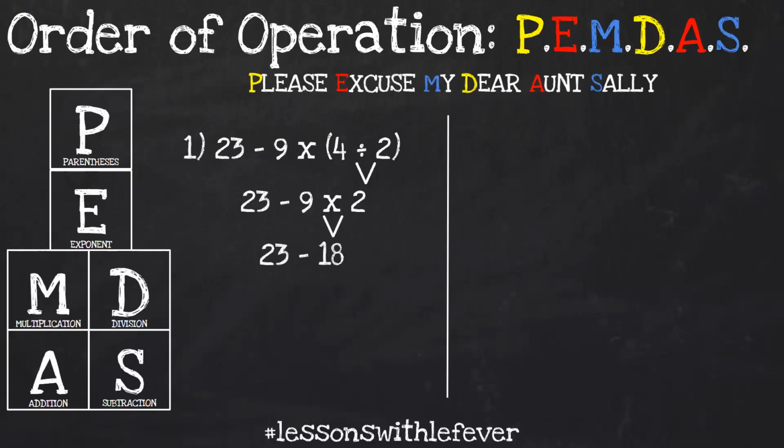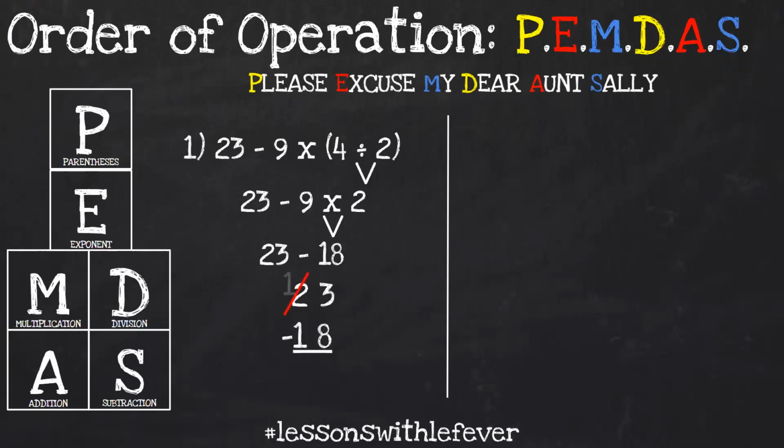minus 18. There are different ways you can subtract. You can start out with 18 and count up to 23, or you can start at 23 in your head and count down to 18, or you can rewrite this expression the vertical way and subtract. Now, when we're subtracting 18 from 23, you will notice in your ones place, you can't take 8 from 3, so you have to borrow from the tens place.